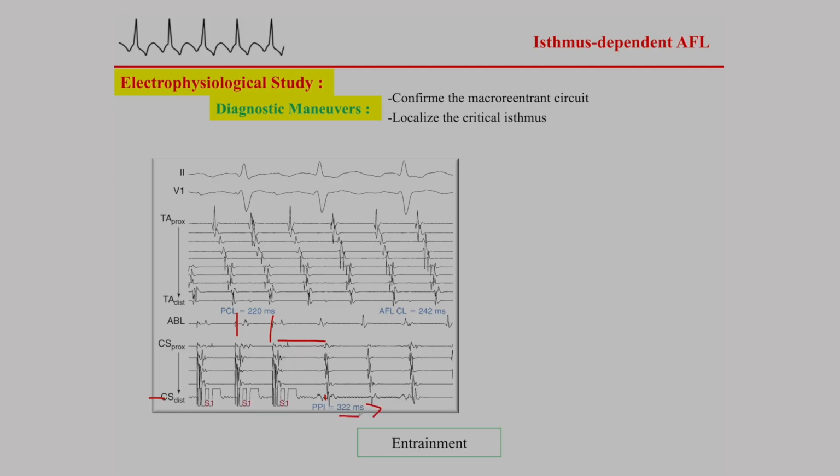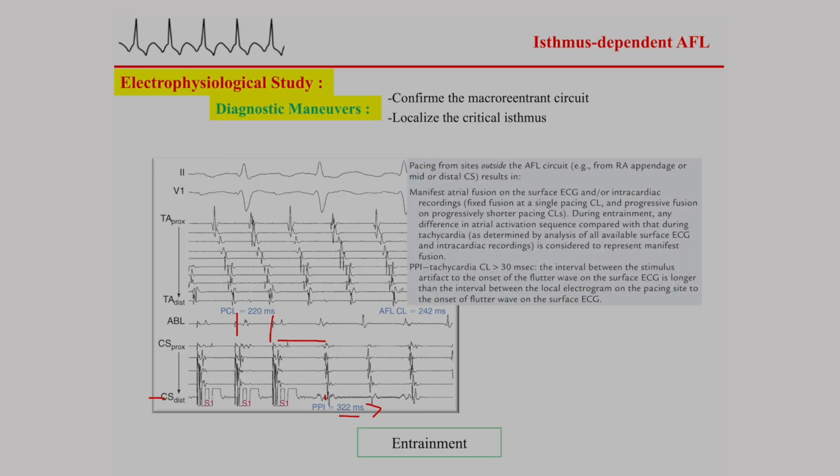So that means that we are outside the circuit of the macro-reentrant tachycardia. In this case, as you see here in the ECG, we have a manifest atrial fusion in the surface ECG, and also in the intracardiac recording, with a PPI minus tachycardia cycle length of more than 30 milliseconds.